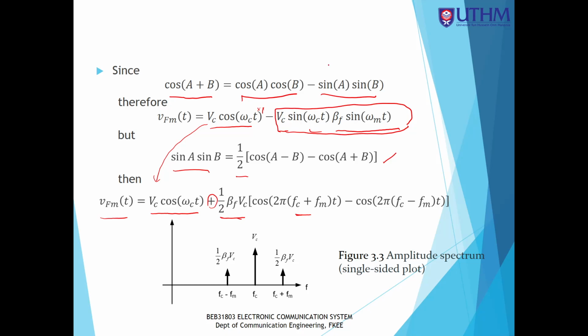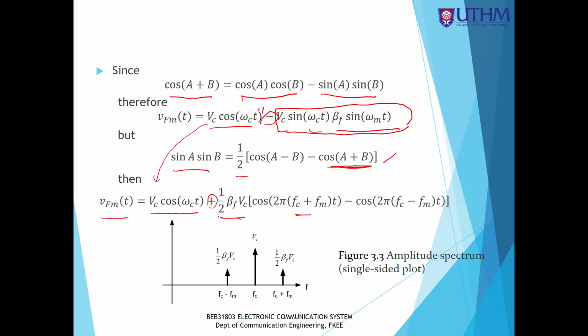You see that this was initially minus. If you want to make it minus, this is the lower sideband and the upper sideband. But now from here we put plus, so the upper sideband becomes positive because we multiplied with minus.